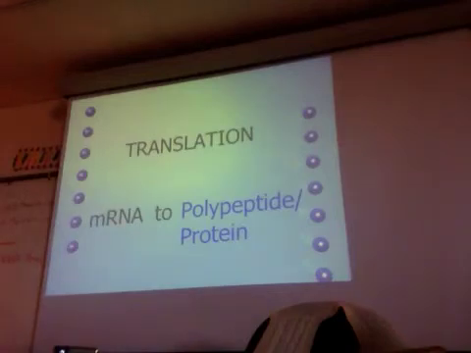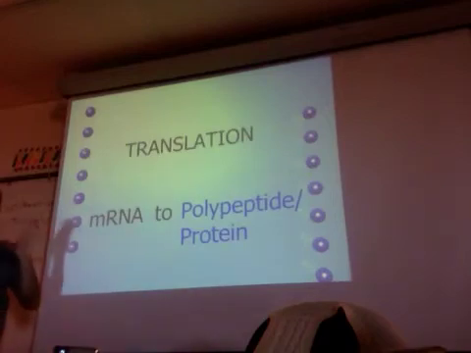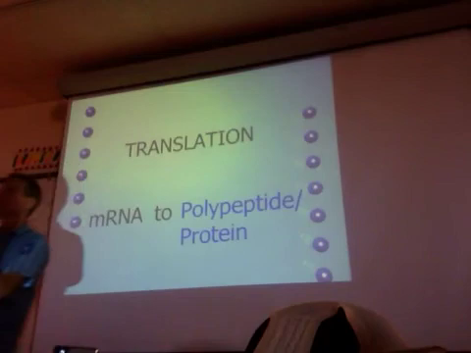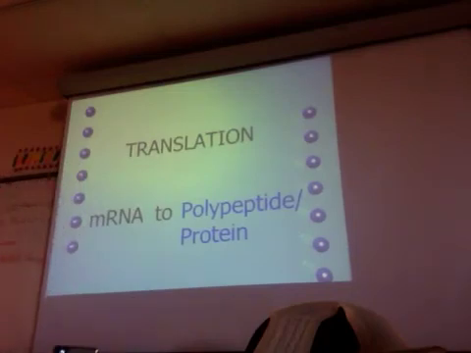Polypeptide is a generic term for many peptide bonds, meaning a bunch of amino acids. In this process, one gene codes for one polypeptide, and many times that polypeptide is in and of itself a functional protein. In fact, most of the time.